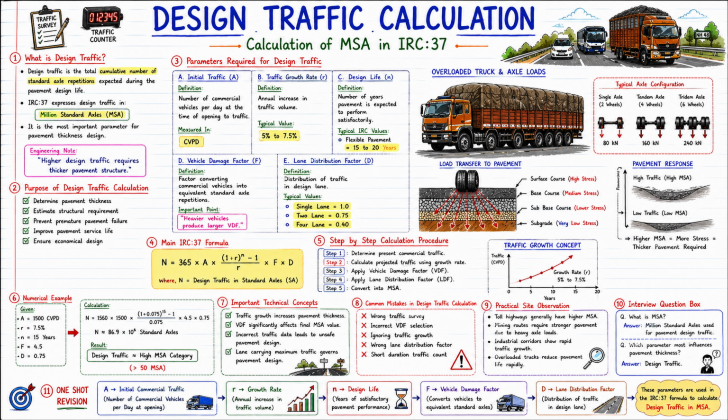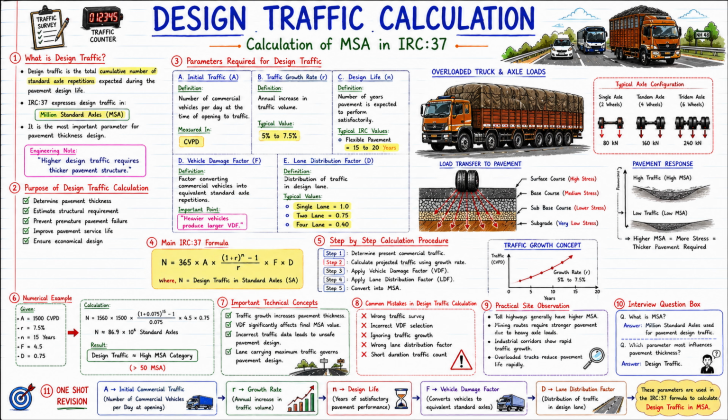Now let us look at the second topic: purpose of design traffic calculation. Now the question comes: why calculate design traffic? Determine pavement thickness, that is, how thick the pavement will be. Estimate structural requirement, which layer should be how strong.